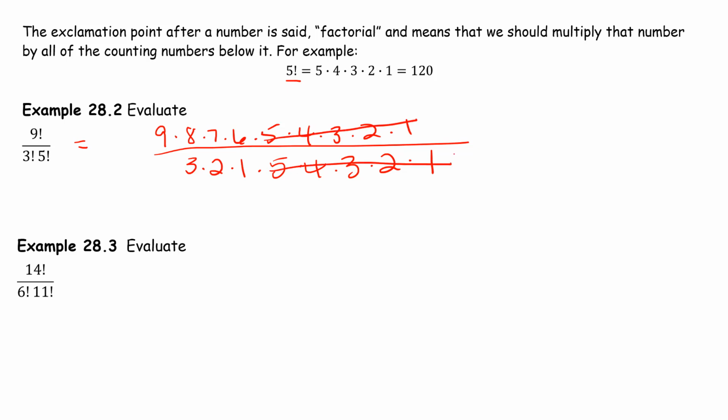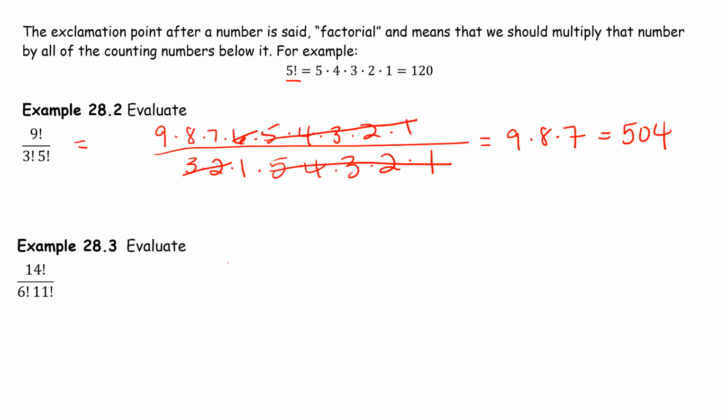I can cancel all those factors because they're all the same. And then I've got 3 times 2, which is 6, so I can cancel that. And I'm just left with 9 times 8 times 7. I could punch that into my calculator, and I would get 504. So you see how that canceling worked there.